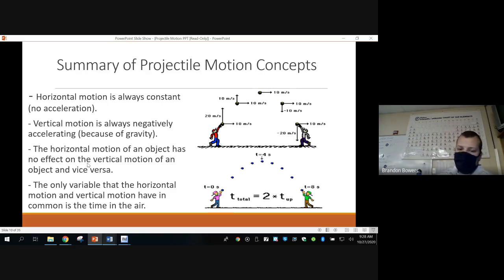The horizontal motion of an object has no effect on the vertical motion and vice versa. The only thing they have in common is time. And that's crucial when solving some of these problems. If you can remember time is equal, you're going to be golden. And remember a lot of other things, but that's the main thing.